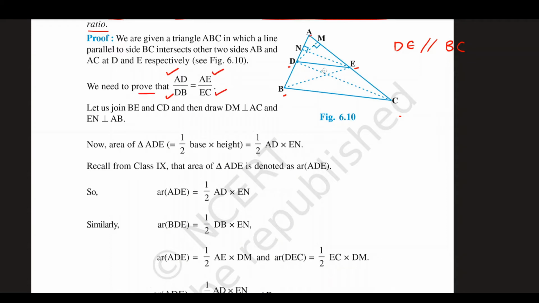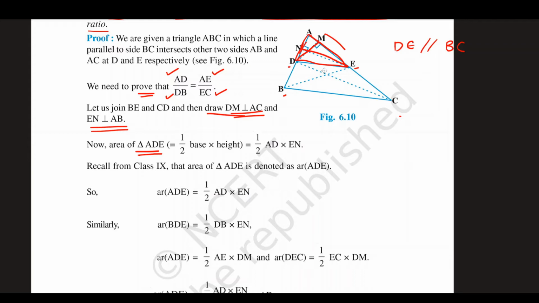This we have to prove, and we will be doing some construction in order to prove this. We will draw DM parallel to AC and EN parallel to AB. Now just look at the area of triangle ADE.